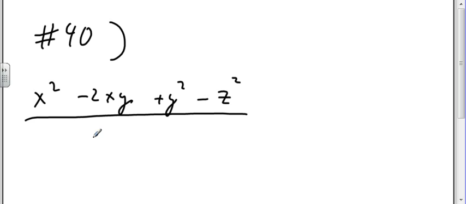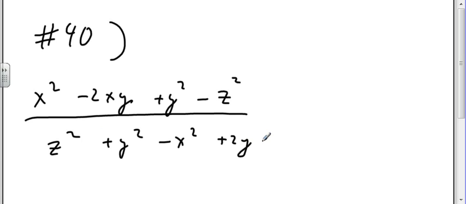Trying to be sneaky on us. Z squared plus y squared minus x squared plus 2yz. Okay.